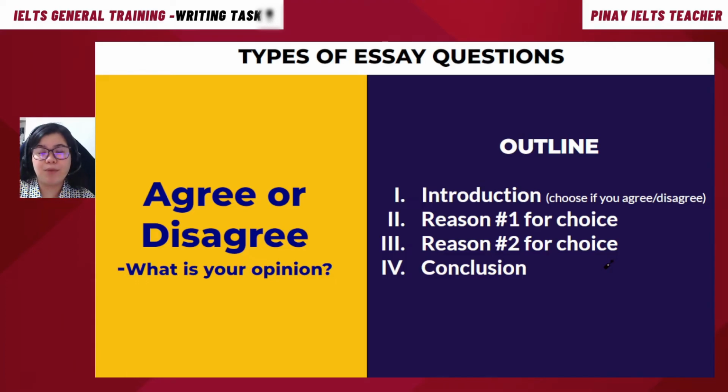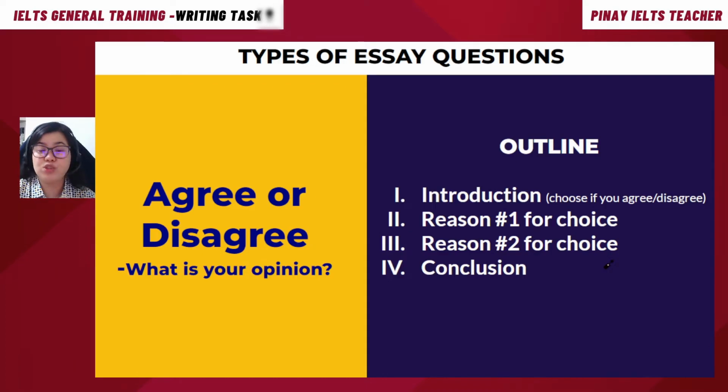So say, for example, you look at the essay question and you read the question given to you. Now you have to brainstorm. Am I going to agree with this? If I'm going to agree with the statement, what are the two reasons why I agree? And that will be your main idea 1 and your main idea 2.